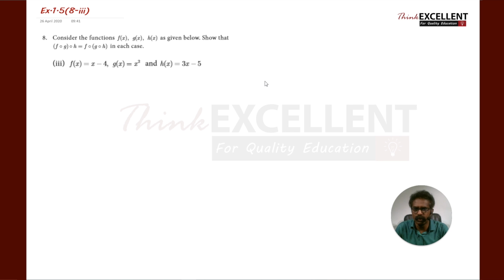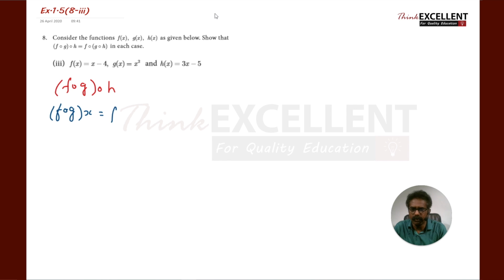They asked us to verify this. So first we find LHS, that is f composition g composition h. For that, first you find the term inside the bracket. What is the term inside the bracket? f composition g, right? So first you find f composition g of x.